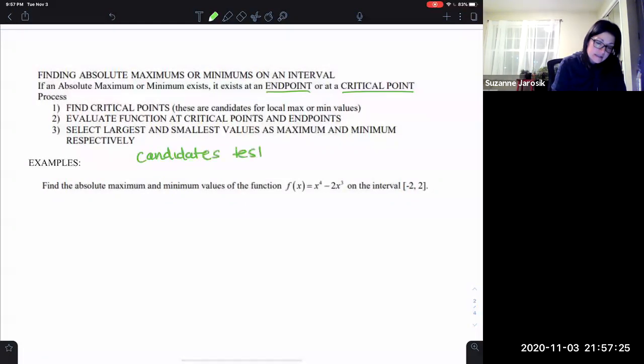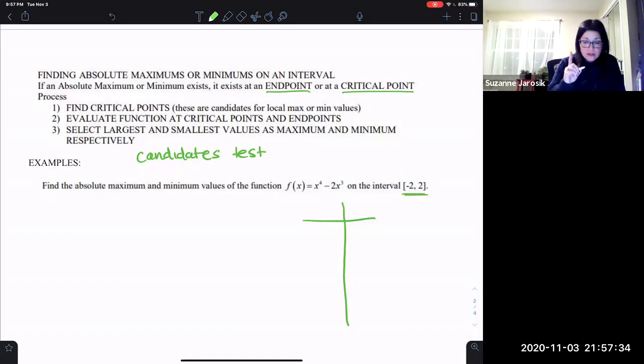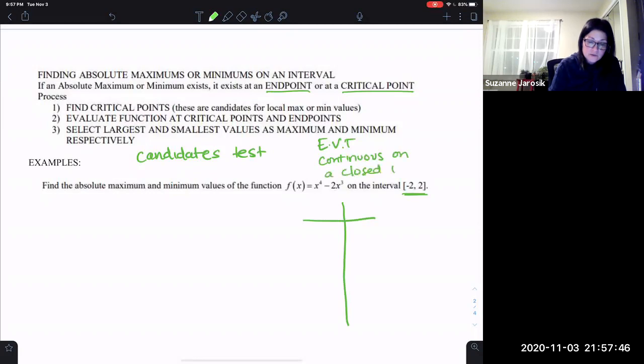So to start, remember, for EVT to apply, you need a continuous function on a closed interval.